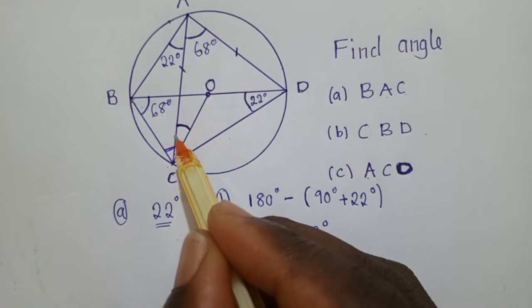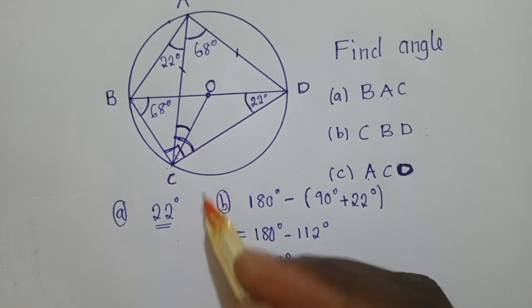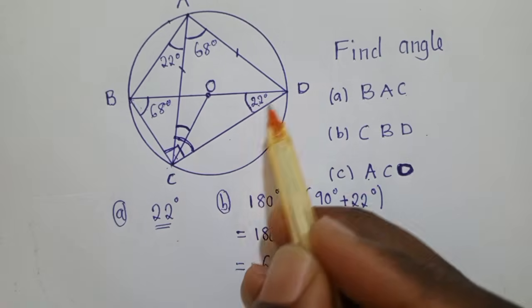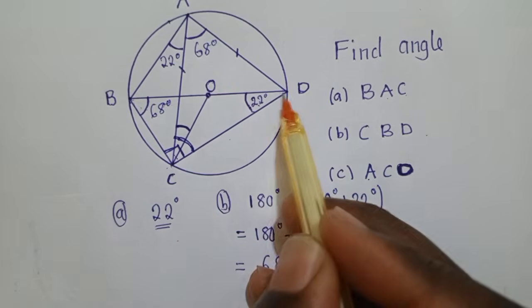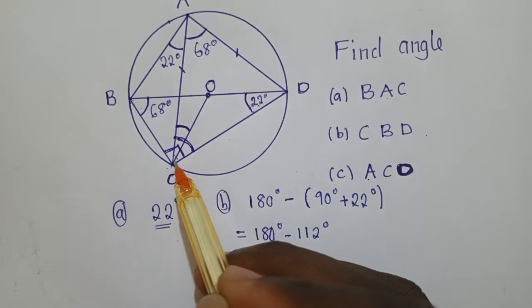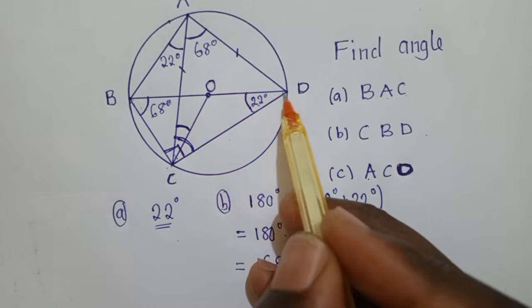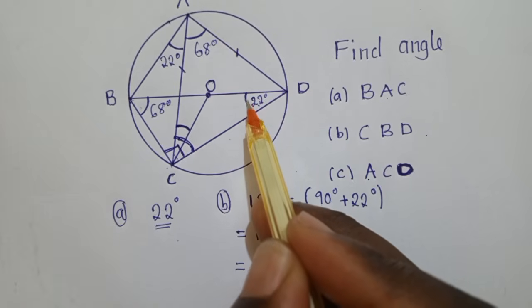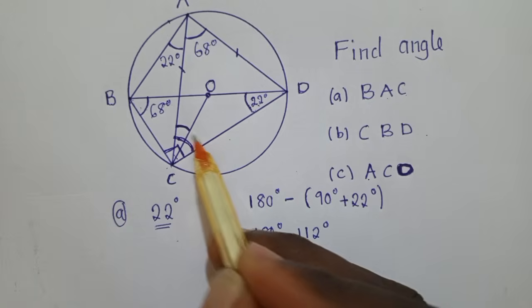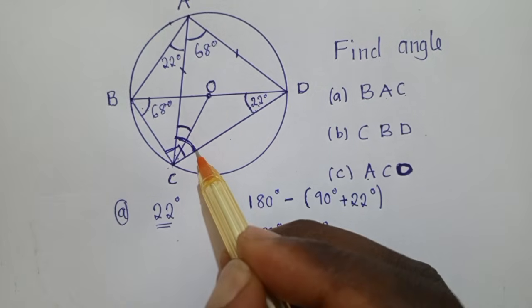Therefore, we can calculate this angle here. And when we calculate this angle, we come and subtract 22. Because this is an isosceles triangle, the smaller one here, because they are all going to the center, this side and this side. Meaning this is a radius and this is a radius. So the angle which will be formed here will be equal to the angle which will be formed right over here. So now, let's find the angle here.